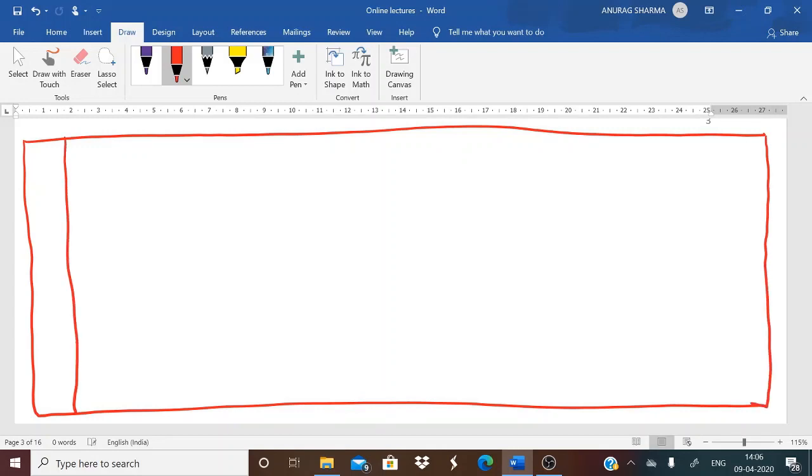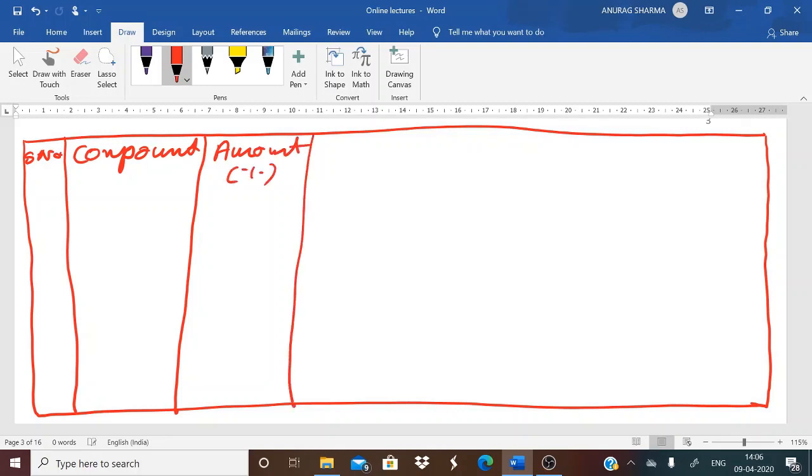In this table there is serial number, then name of compound, and next amount in percentage, and next amount in gram, and next reaction. And we should always remember that this reaction will be a balanced reaction.